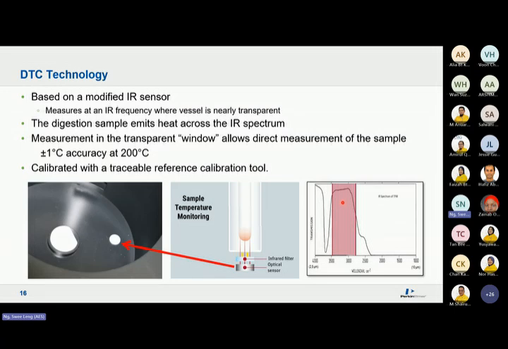So our engineer will bring the NIST standard to calibrate at 200 degrees, because the most common digestion temperature is 200 degrees. So when we calibrate, we check at 200 degrees, plus or minus 1 degree.